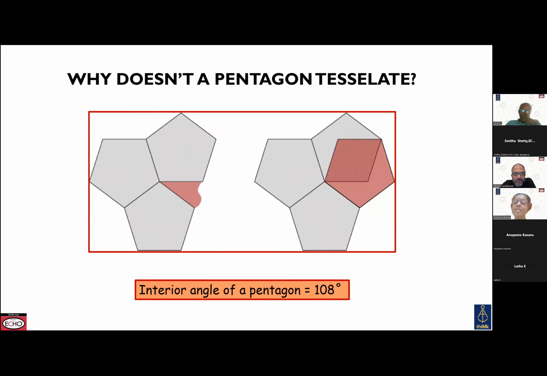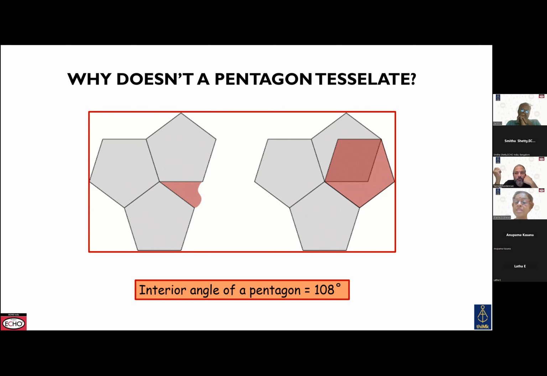So now let's look at a pentagon. Can a pentagon tessellate? Suppose we try to arrange 3 regular same-sized pentagons to meet at a point as shown. Then we have a gap as shown in brown. So why do we have this gap? The regular pentagon's interior angle is 108 degrees.